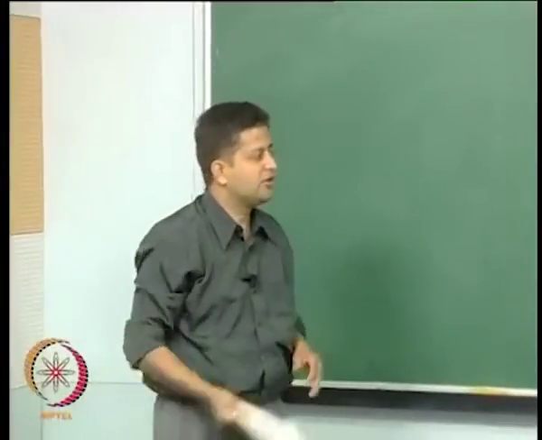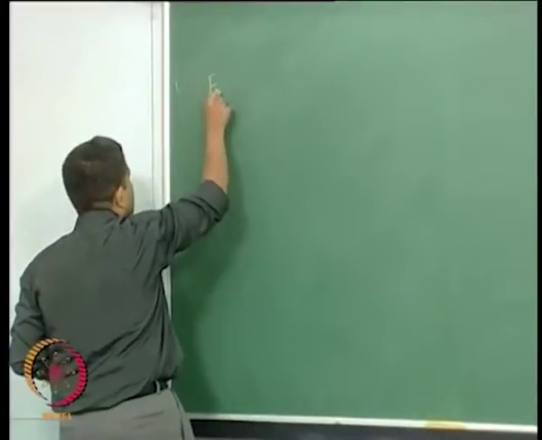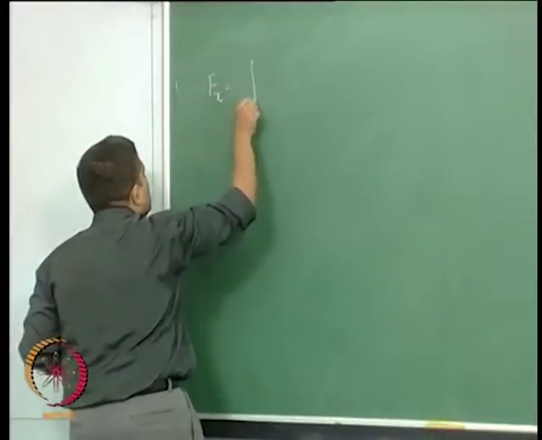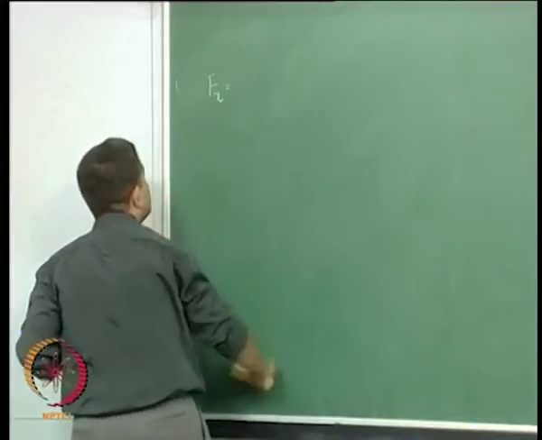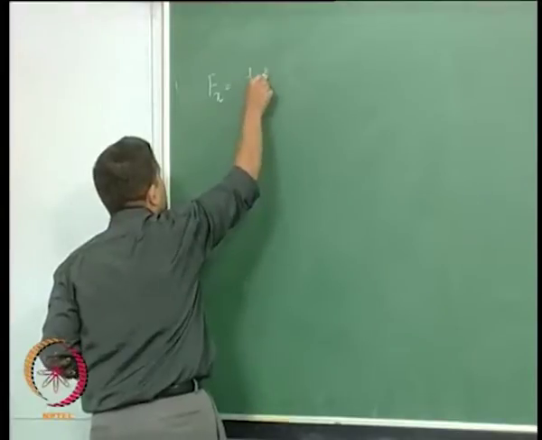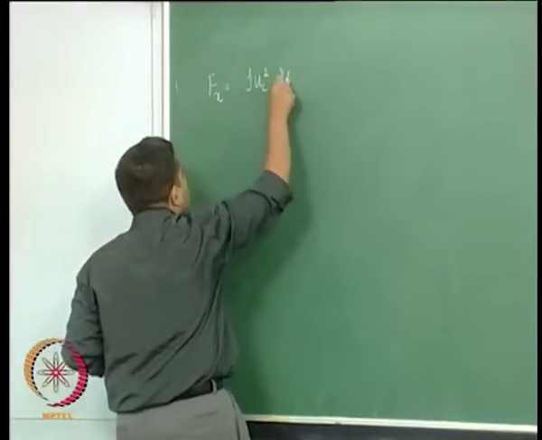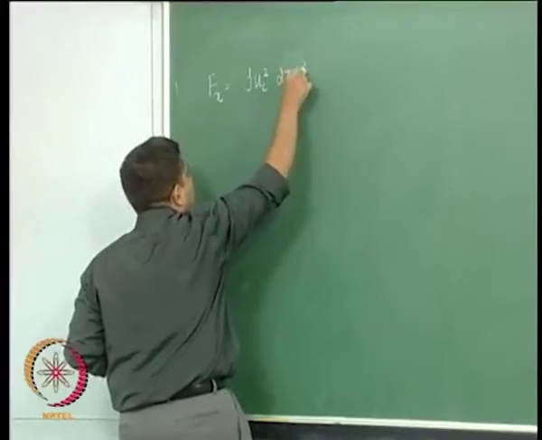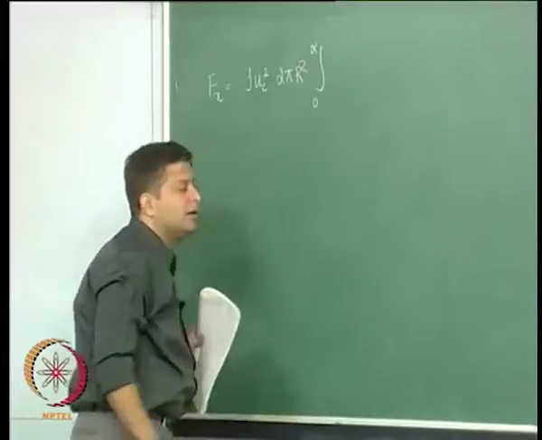So, sin phi into cos phi, we will get F x is equal to integral rho u e square 2 pi r square into integral 0 to alpha.